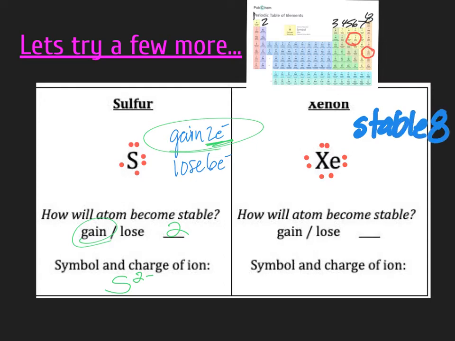So if we look at xenon, we're noticing, hey, it's already at stable 8. So what will this atom have to do to become stable? Nothing. The symbol stays as Xe, and the charge is 0, so I don't need to make note of it. It doesn't become an ion, it stays as an atom.